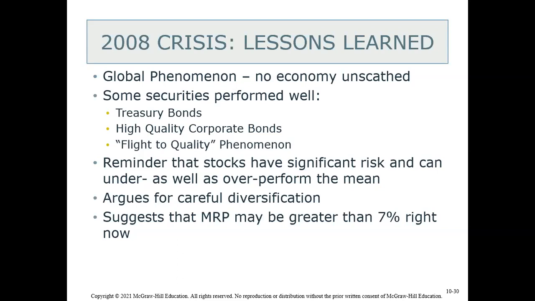So we want to funnel our money in a certain way into various investments so that we still get our overall desired return. And a lot of that is guessing, taking on risk, and doing this kind of analysis. Some suggest that our actual market risk premium may actually be higher than 7% right now because of this type of crisis.